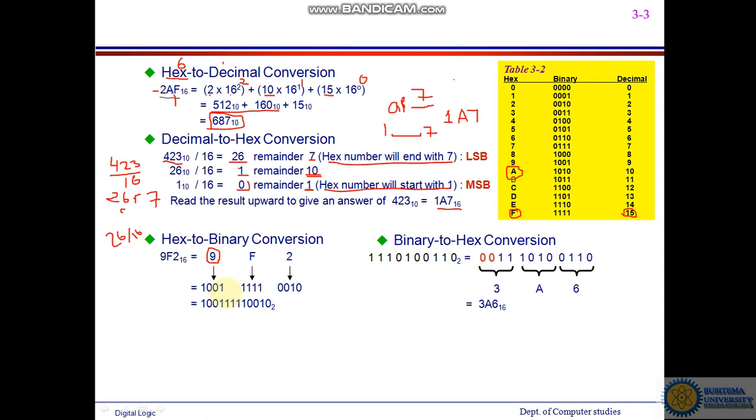we know that in binary is equivalent to this. And F, we know that F is equivalent to what? F is equivalent to 15, and 15 in binary is this. Okay, and then 2 in binary is this.